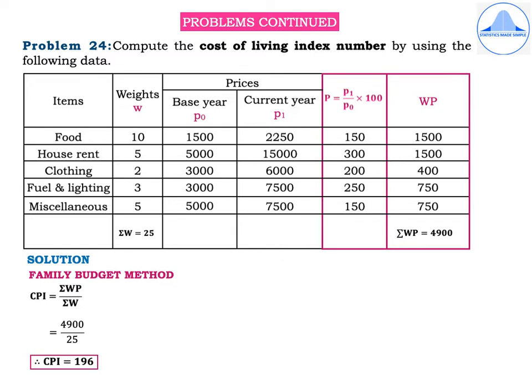The price relative values are 150, 300, 200, 250, 150, and WP values are 1500, 1500, 400, 750, 750, and summation WP is equal to 4900. Substituting in the formula, we get CPI = 4900 / 25, or CPI is equal to 196.